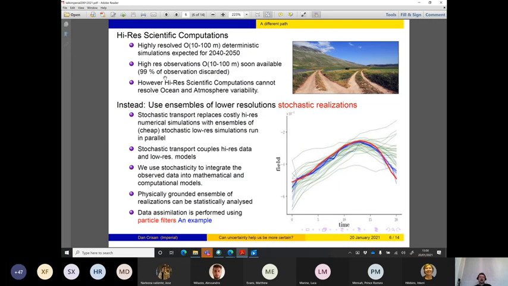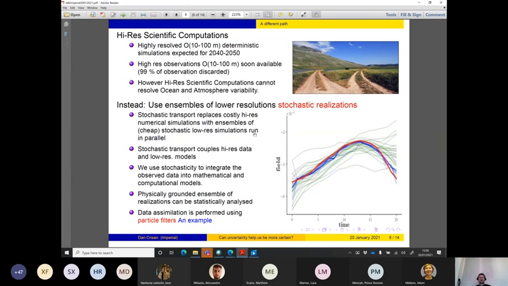So the answer that the community has to this complicated equation is to throw in more computational effort. What we want to do is go the other way around. So rather than having more refined computations, we want to have coarser grids, but try and add stochasticity to the models.